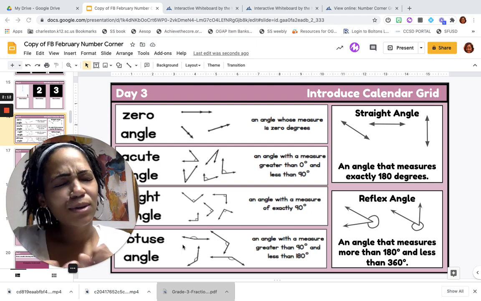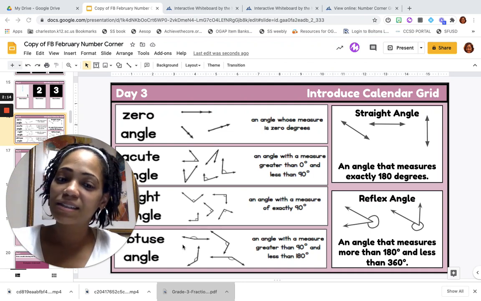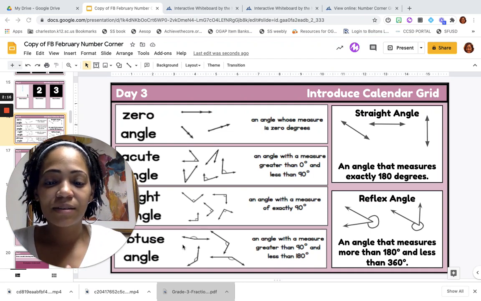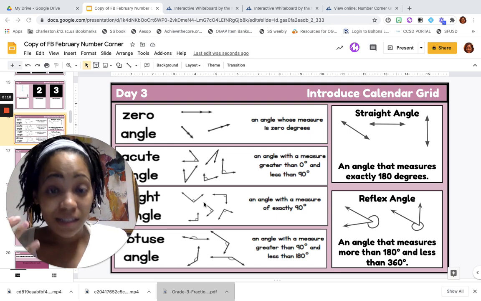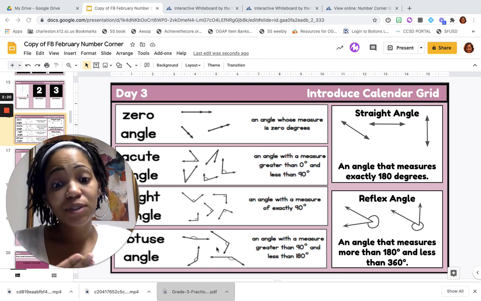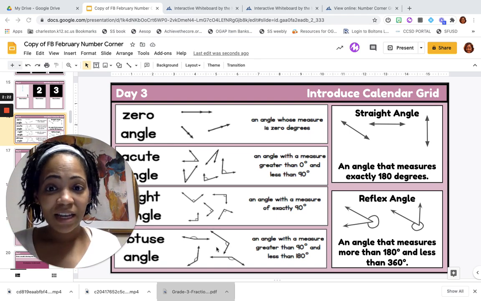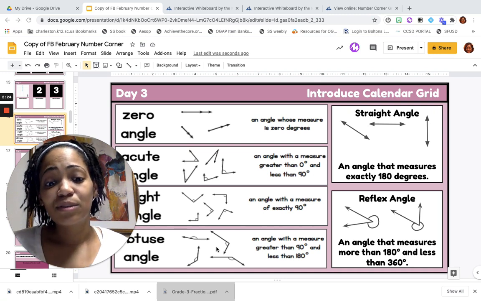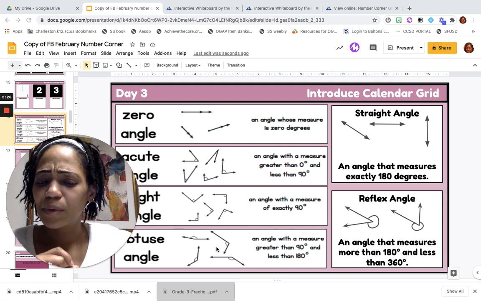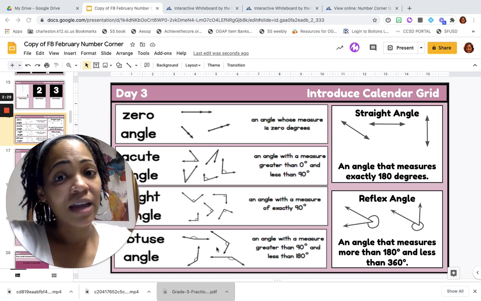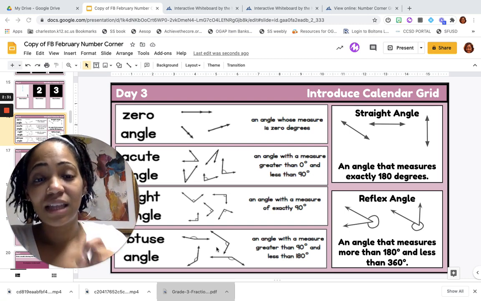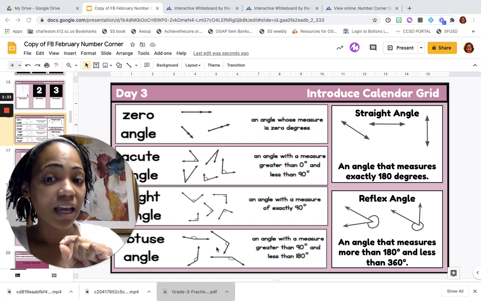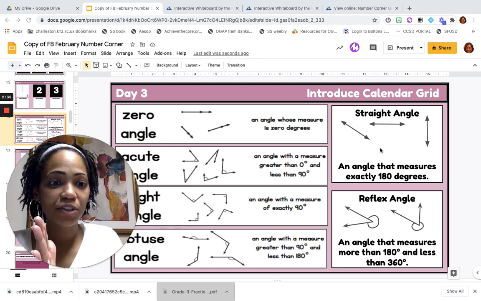We have the acute angle, which means it is less than 90 degrees. A right angle, which means it's exactly 90 degrees. Obtuse means it's greater than 90 degrees, but now we're going to fine tune that just a little bit more because it's greater than 90 degrees, but it is less than 180 degrees, which would be our straight angle.